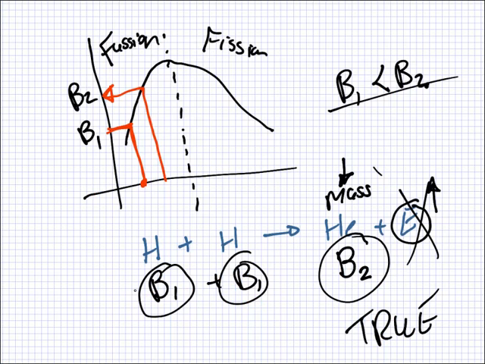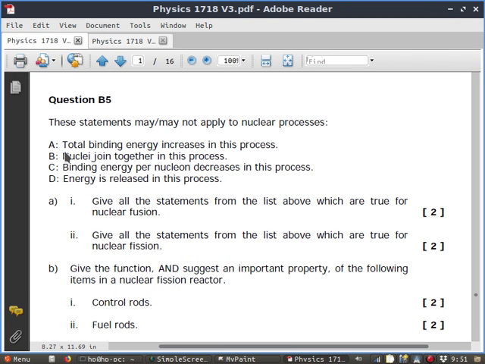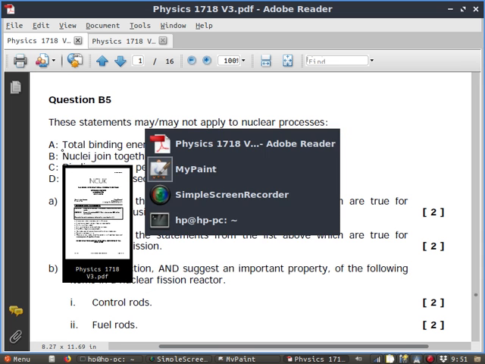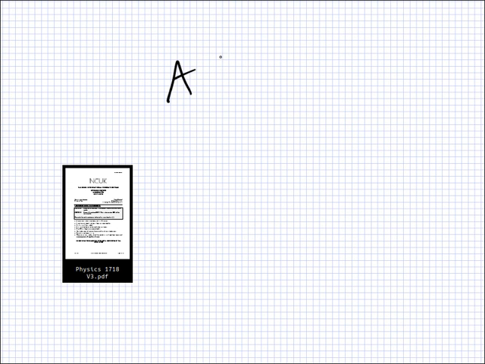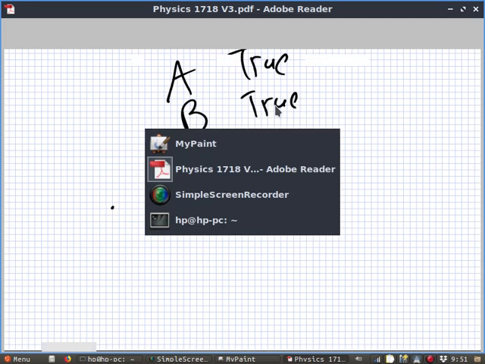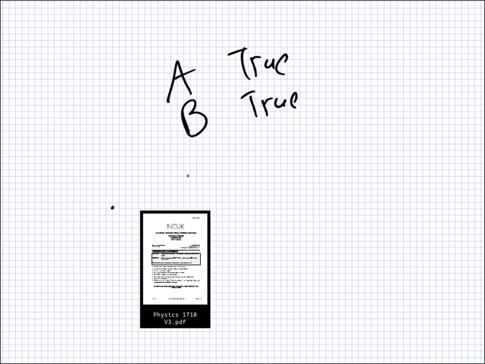A is true. Okay, good. Now, B, nuclei join together. Well, that's true. So A is true, B is true. This one has to be false if we said A is true. Binding energy per nucleon decreases. No, we said it increases, so C is false.